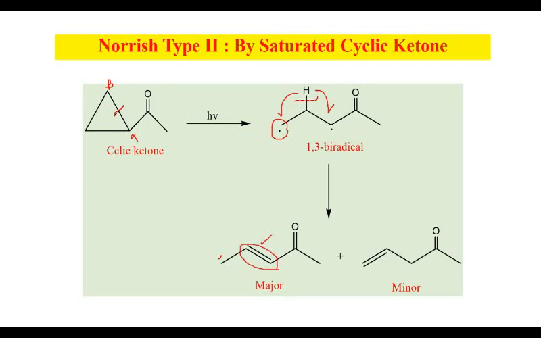And if this hydrogen is shifted to this carbon, then a double bond is formed at the terminal position, which is a minor product, as this alkene is less stable. Here is another reason why this alkene is more stable: this alkene is in resonance with this carbonyl group, so it will be the major product.